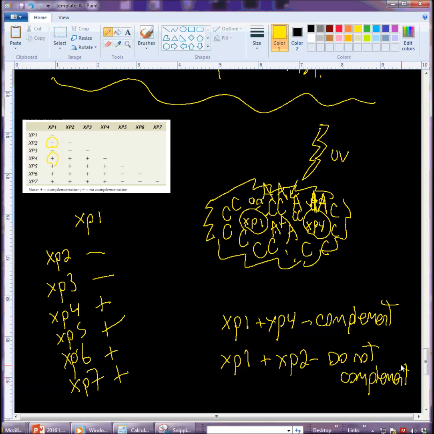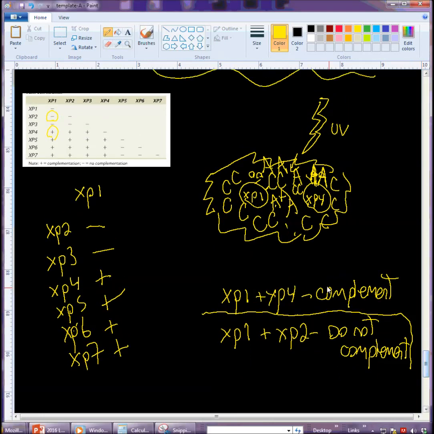And we've discussed the most likely reason when two cell lines do not complement each other in an experiment like this is probably because the mutants are in the same gene. And XP1 and XP4 complement each other because they are mutated in different genes. And as a result, when you mix them together, XP4 has functional copies of the gene XP1 lacks, and XP1 has functional copies of the gene that XP4 lacks.